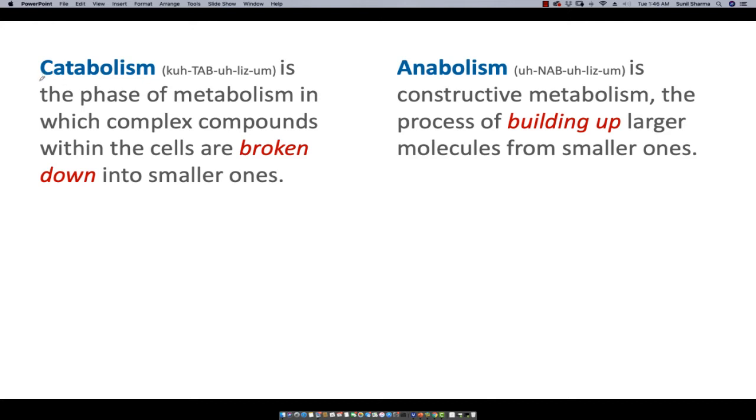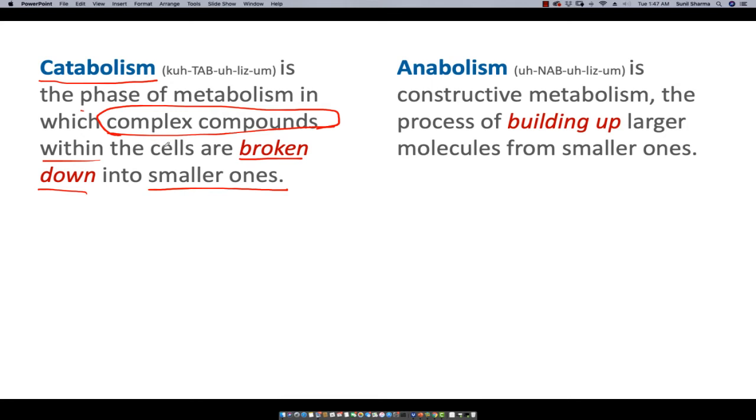Let's take a look at catabolism, what that is. Catabolism is the phase of metabolism in which complex compounds coming into the cell are broken down into smaller ones, because the cell can't do anything with complex compounds. The cell needs to break them down and recreate its own components that it can use, or that it's going to eject out of the cell into the bloodstream for other areas, such as hormones or enzymes.